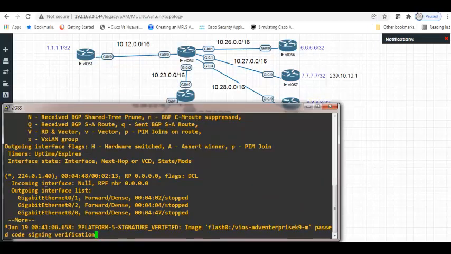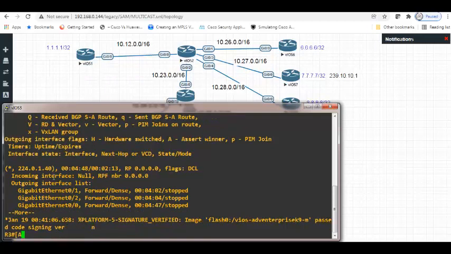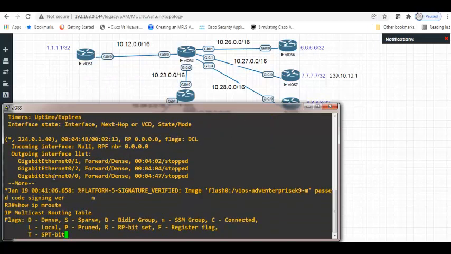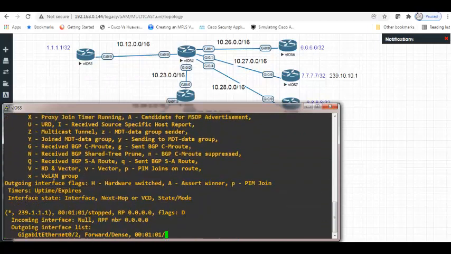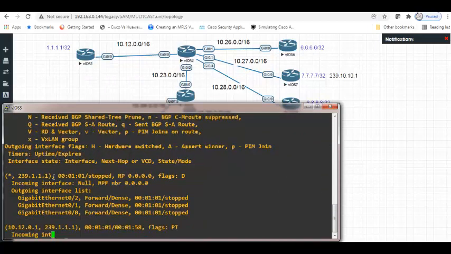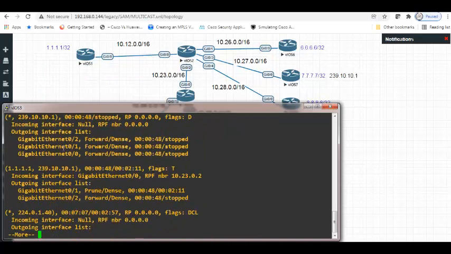R3 earlier did not know about 239.10.10.10, but now it knows 239.10.10.10 coming from the source 1.1.1.1. I was pinging from this loopback, you remember? And it says the incoming interface was G0/0.